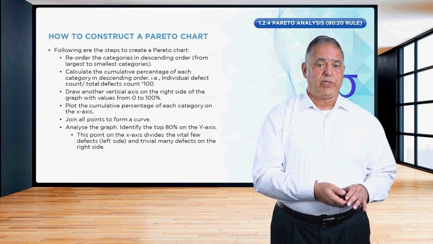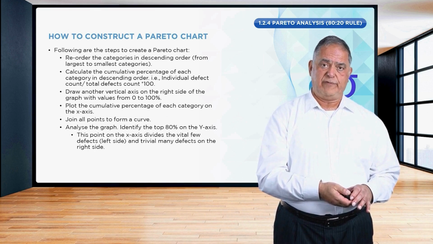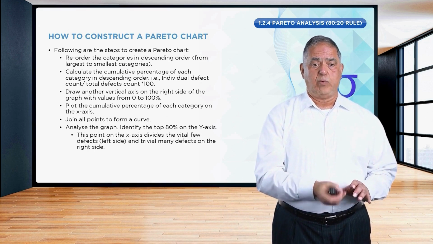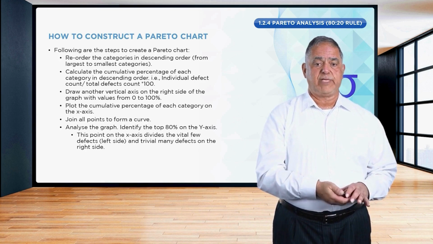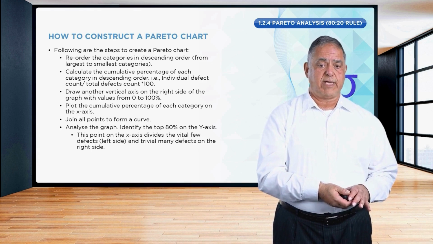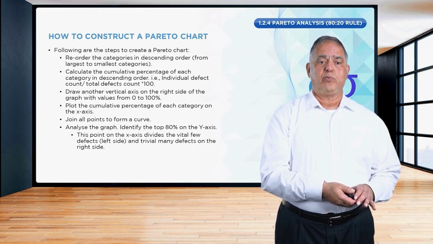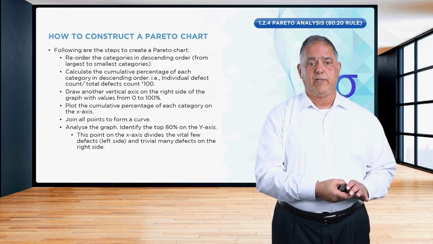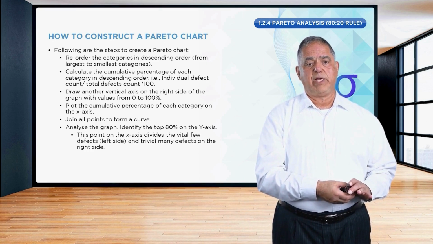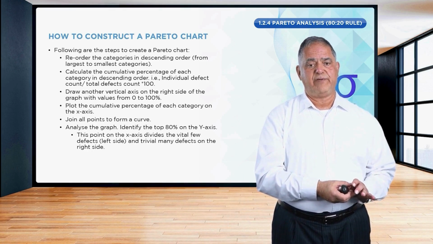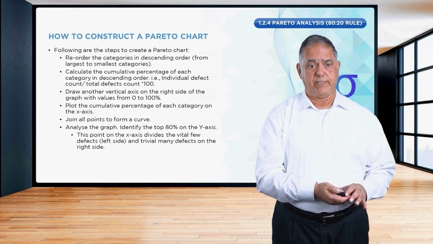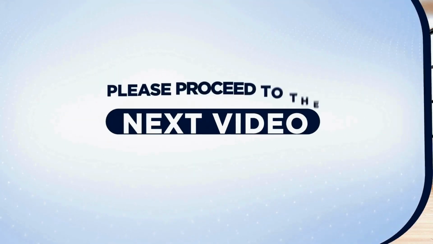This is what we call the cumulative percentage axis. We plot the cumulative percentage of each category on the x-axis, and we join all points to form the curve. Last but not least, we analyze the graph. We identify the top 80% on the y-axis.